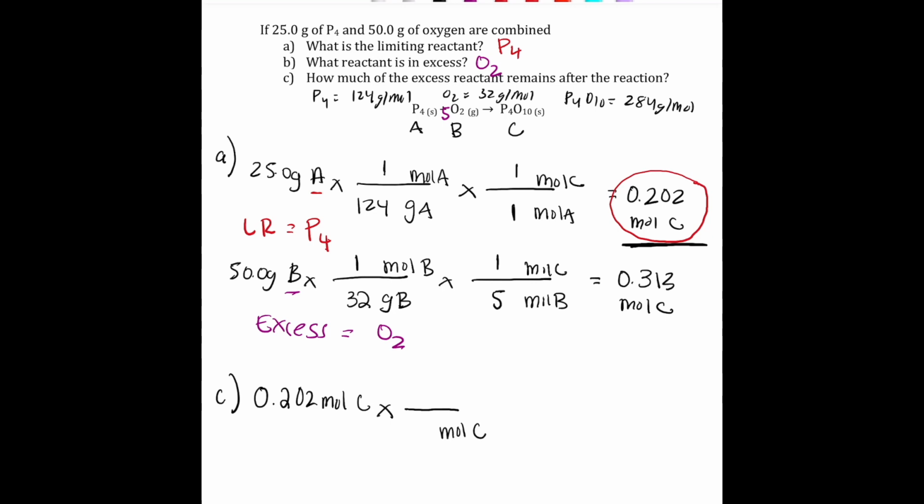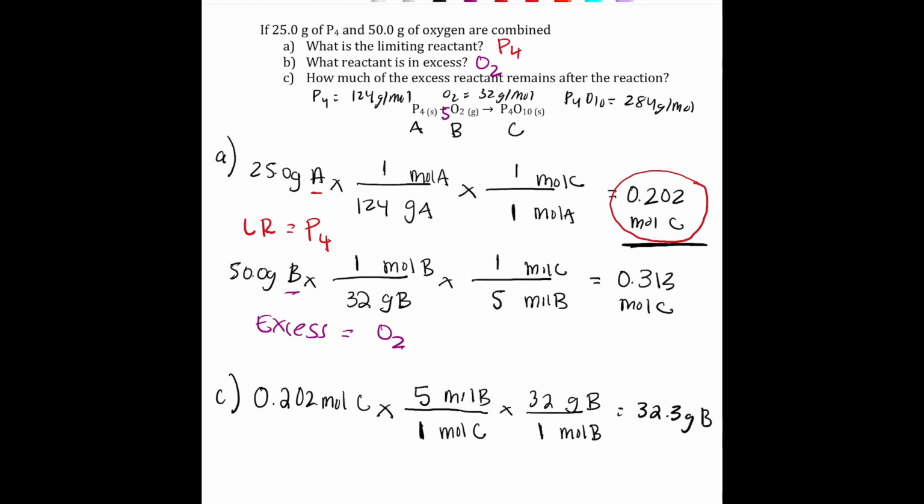So mole ratio, mole of C on bottom to cancel out, into moles of B. Then we'll have moles of B on bottom to cancel out, into grams of B. Our mole ratio, 1 C, is 4 Bs. And molar mass, 1 mole of B, is 32 grams of B. We'll go ahead and do our math, and we're going to get 32.3 grams of B.